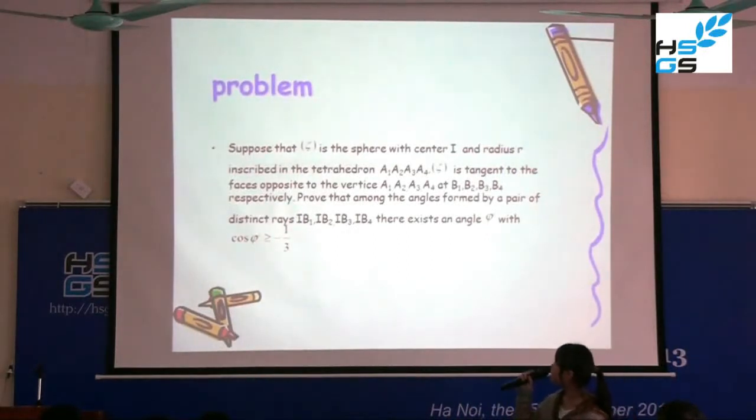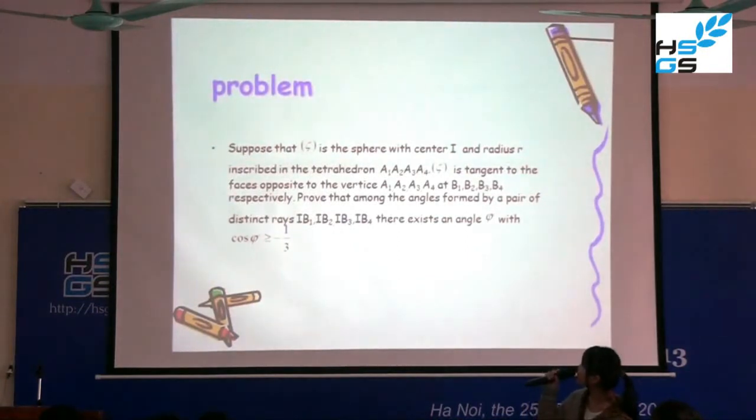Suppose that zeta is a sphere with center I and radius r in the tetrahedron A1, A2, A3, A4. Zeta is tangent to the faces opposite to the vertices A1, A2, A3, A4 at B1, B2, B3, B4 respectively.